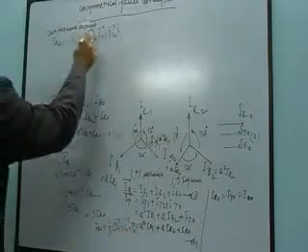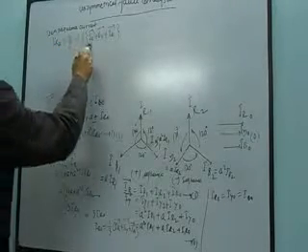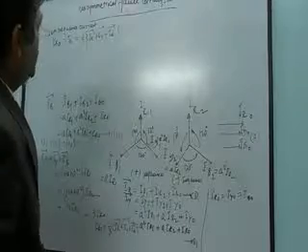So the zero sequence current, that is IR0, can be written as I0 equal to 1/3 of IR plus IY plus IB.